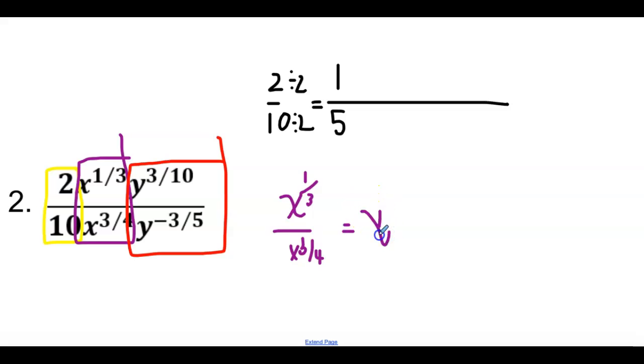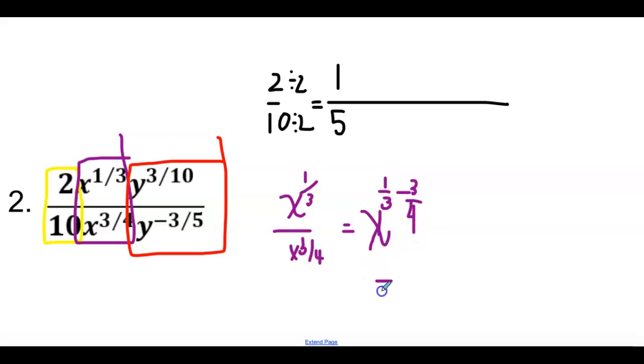X to the 1/3, it's a little sloppy, and then minus 3/4. Well, again, we need to have common denominators, and it looks like our 12s, sorry, that's going to be 4. Let me erase this.